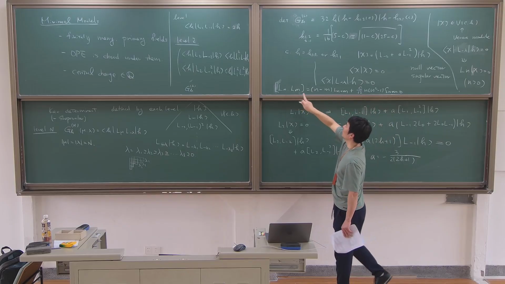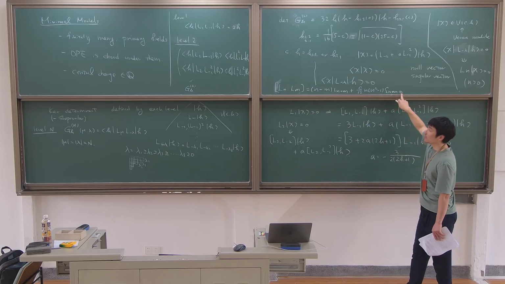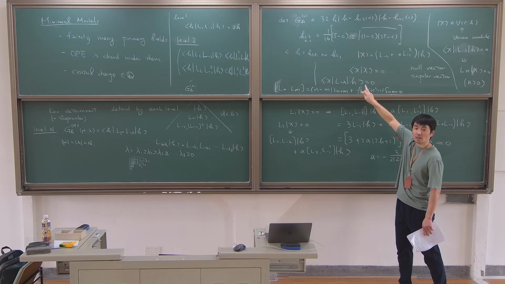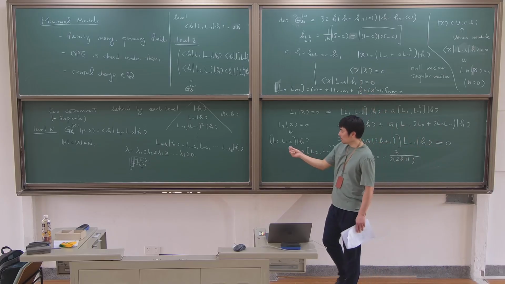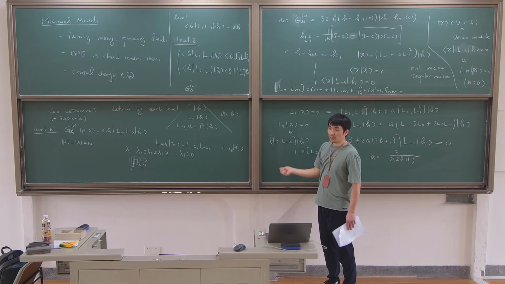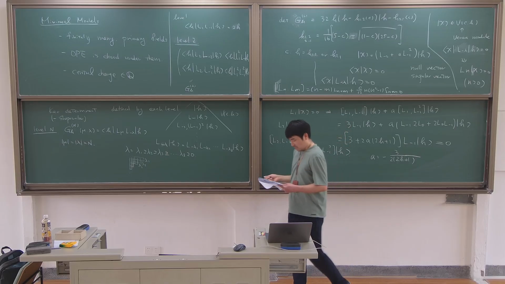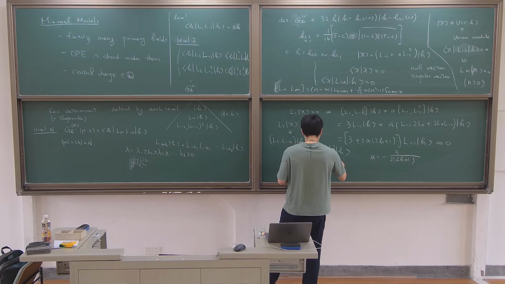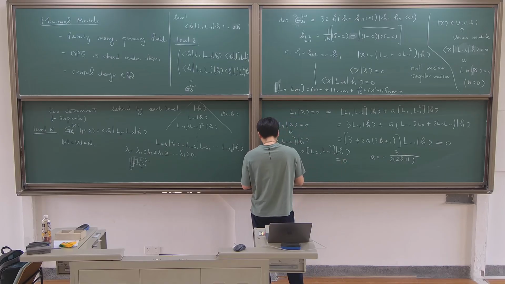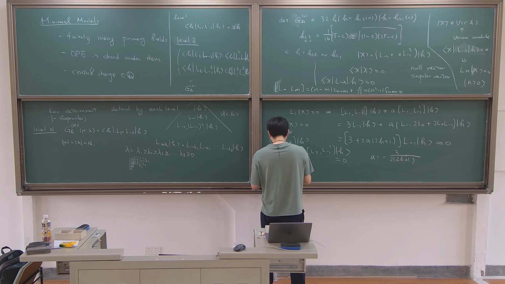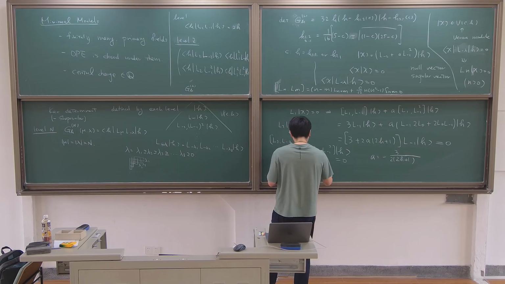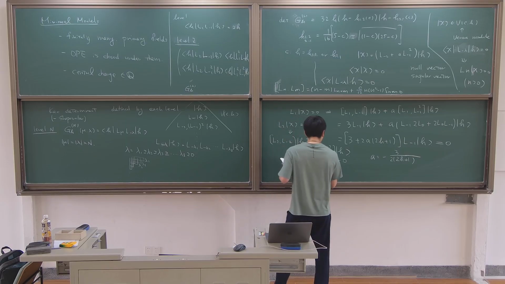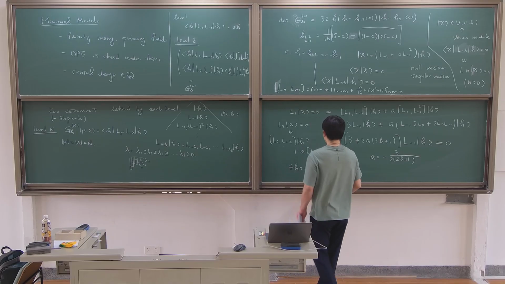So n plus m equal to 0, you get the central charge term. At the end of the day, this has to be 0, which will give that the central charge should satisfy the following: 4h plus c over 2 plus 6ah is equal to 0.